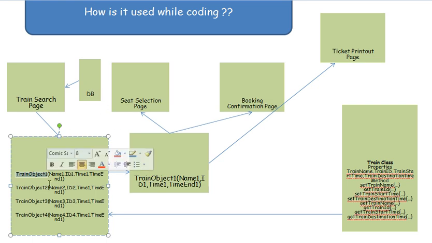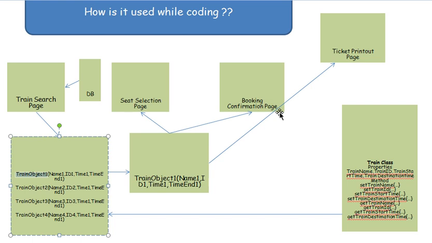Whatever you select here is encapsulated into an object and passed on to the next page, then shown again in the third page, and again in the ticket print page, instead of going to the database and repeating all these lines of code in each page. This makes life really simple for development.